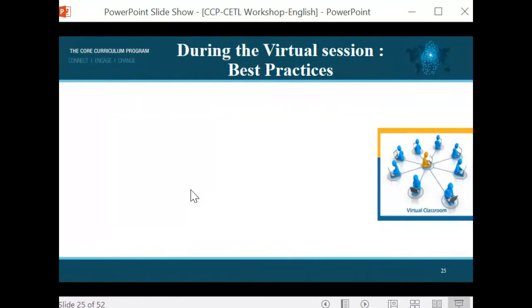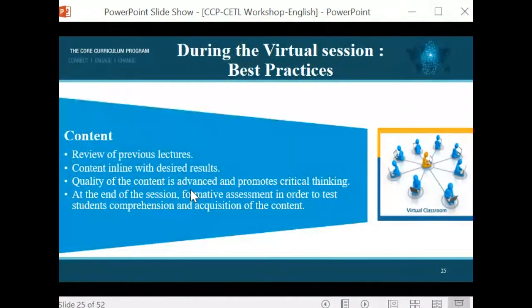First, in terms of content, it is important to make a review of previous lectures in order to make a link with previous contents and attract the students, or all the students, even those who were absent. Then, and as we said before, the content should be in line with the desired results in terms of transfer, acquisition, and understanding.